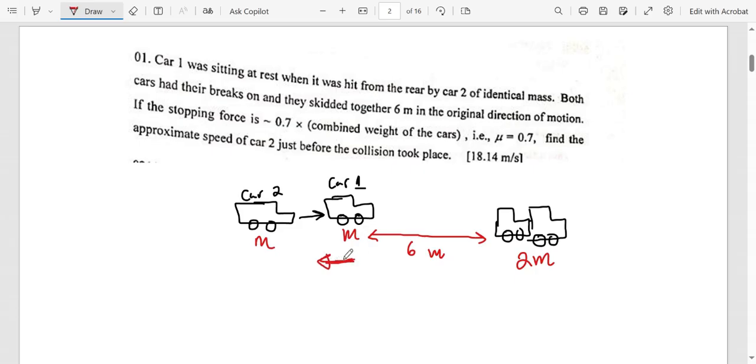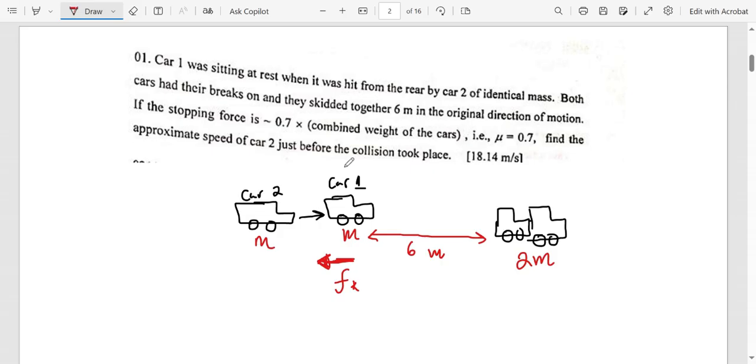We can also call it a kinetic friction because it is stopping motion. And we've been told the coefficient of friction is 0.7. So the question is to find the approximate speed of car 2 just before the collision.